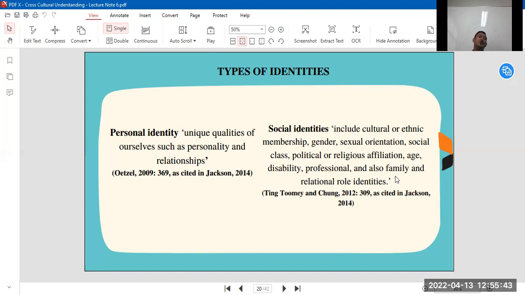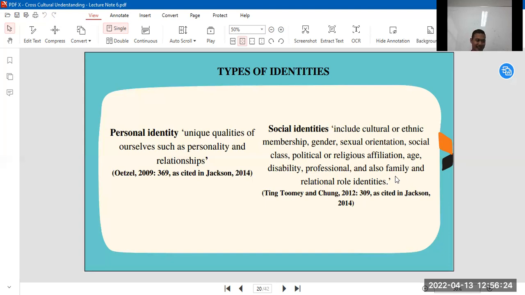Personal identity: unique qualities of ourselves, such as personality and relationships. Personal identity defines an individual in terms of his or her differences from others. Aspects of personal identity include age, gender, nationality, religion, hobby, etc. Those define our personal identity.